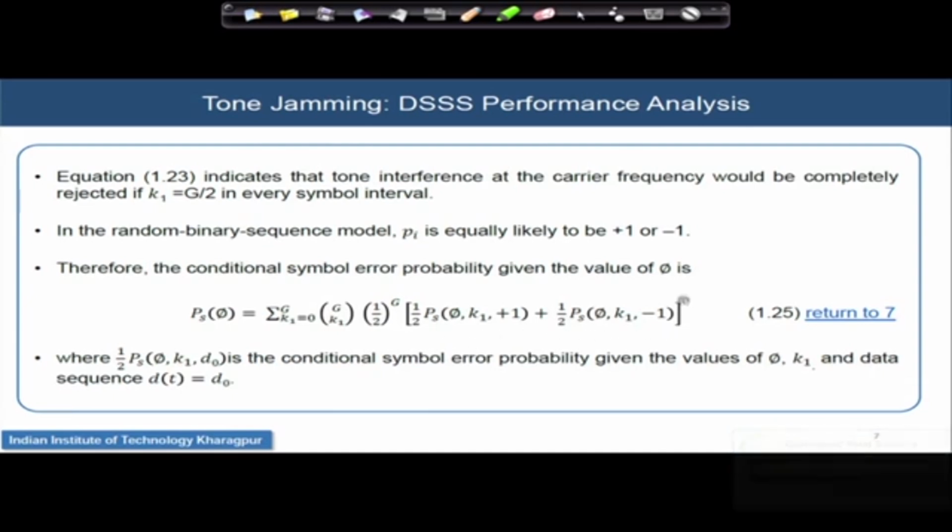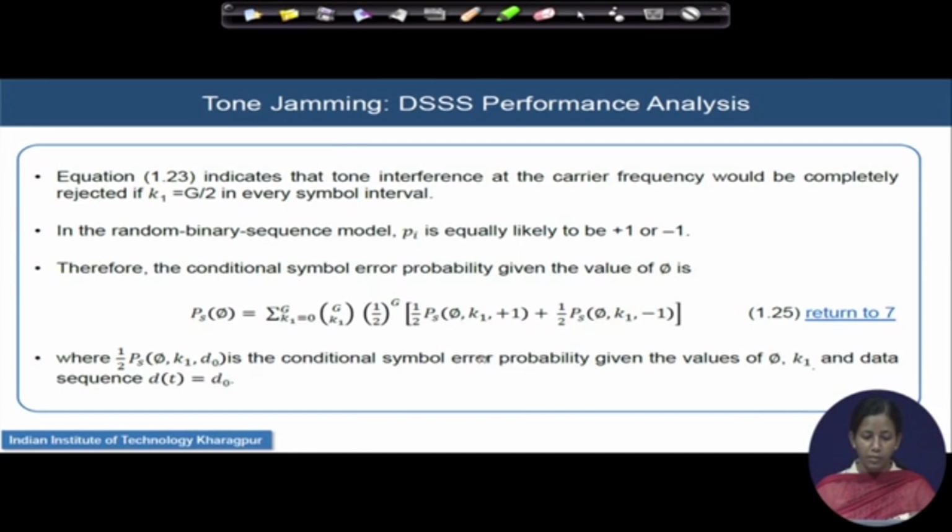Please remember, we will refer once again to equation 1.25, where we consider the Ps phi, which is based on the conditional symbol error probability.